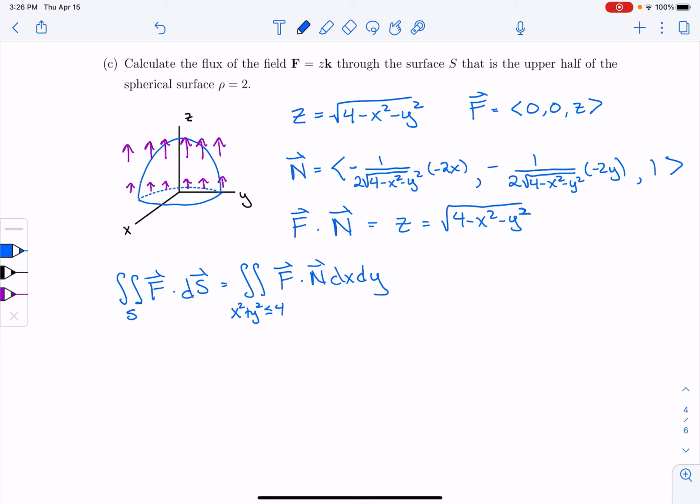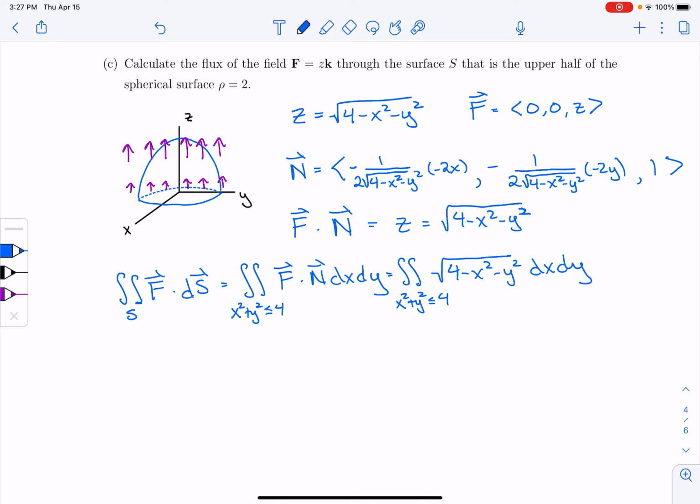So in this case, we're going to do the double integral over that closed circle, x squared plus y squared less than or equal to 4, of F dot n, the square root of 4 minus x squared minus y squared, dx dy.